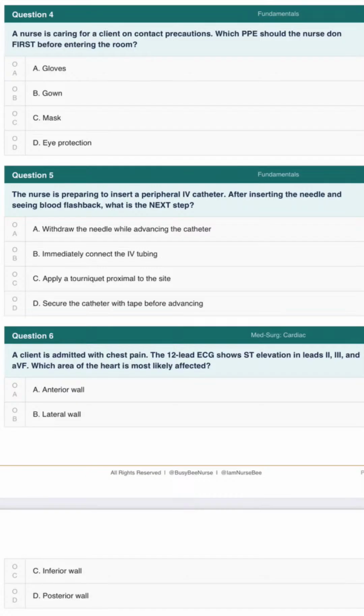So the priority is you need to protect your clothing, your skin, because you're coming in contact with something. So the correct sequence in putting this on is your gown, then your mask or your respirator, your goggles, and then your face shield, and then lastly, your gloves. Okay?